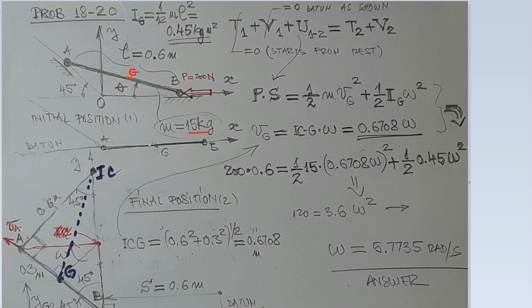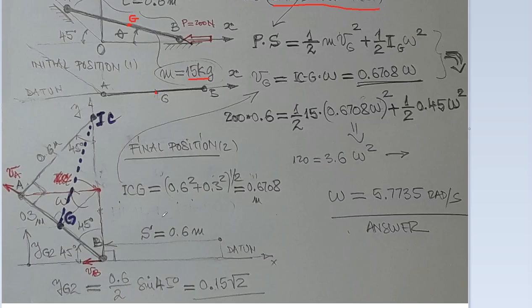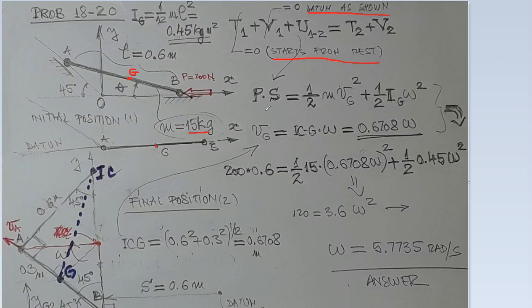Since the rod is aligned with the datum line, potential energy is 0. It starts from rest, so the kinetic energy initially is 0, and these two are 0. So what I have to the left is only P, this constant force, times the amount of travel of its point of application, and because the rod is originally horizontal and then goes sloped, the travel will be exactly the length of the rod.